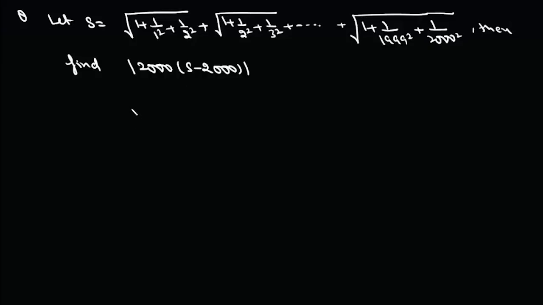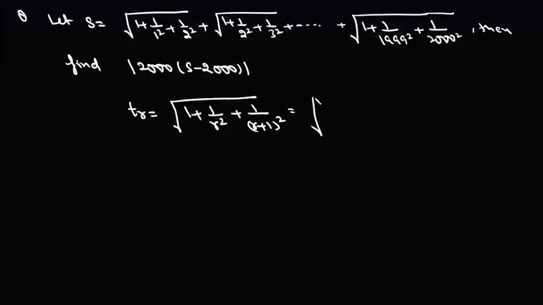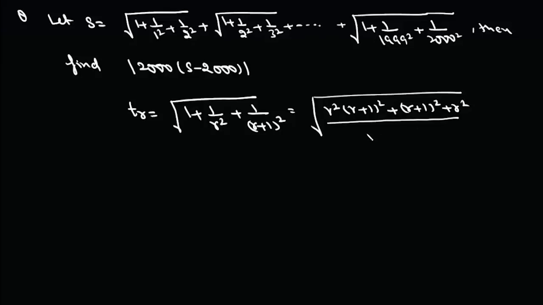Now if we write its general term, its rth term will be under root of 1 plus 1 upon r square plus 1 upon r plus 1 square. We can write this as under root of r square, r plus 1 square plus r plus 1 square plus r square upon r square into r plus 1 square.